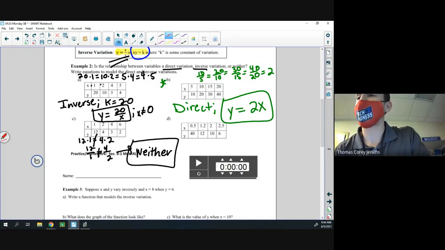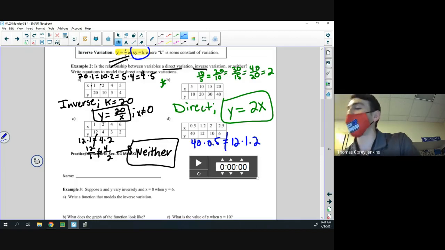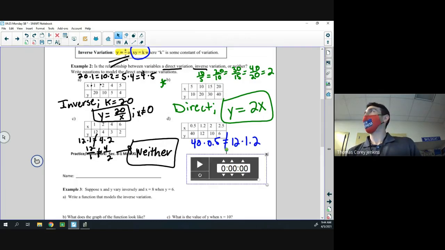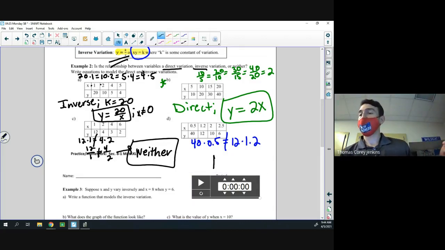So your thought process would go, let's do 40 times 0.5 and compare that to 12 times 1.2. And those aren't the same. So then it's got to be neither at that point, right? Does that make sense? Does anybody have any questions on identifying direct or inverse variation? All right.